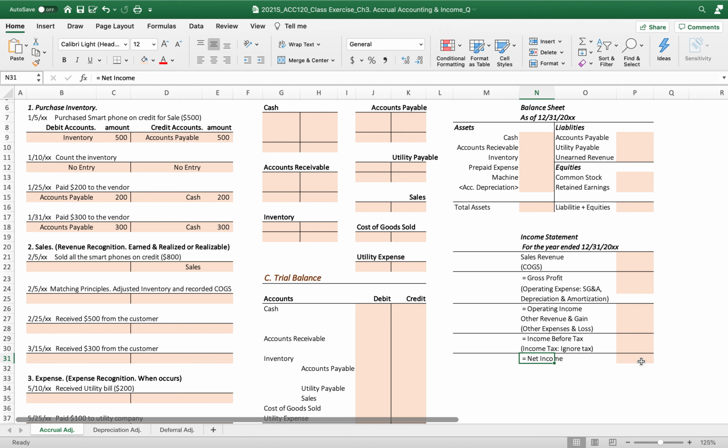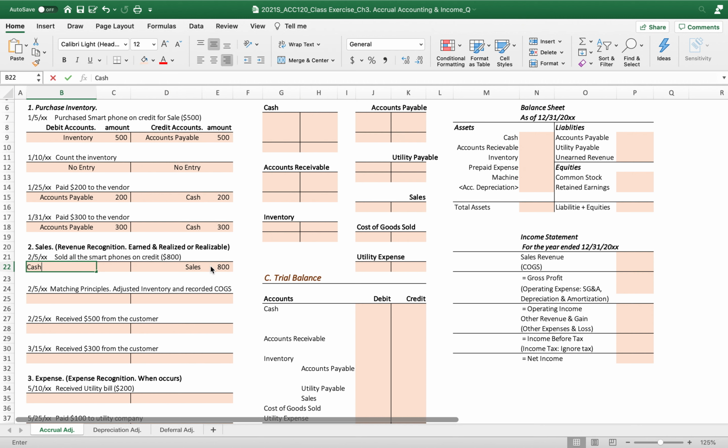This net income is accumulated into retained earnings. Retained earnings is an equity account. So all the income statement accounts are part of equity. So when the company increases sales, sales should be recorded on the credit side, which is the equity side. So sales amount 800.